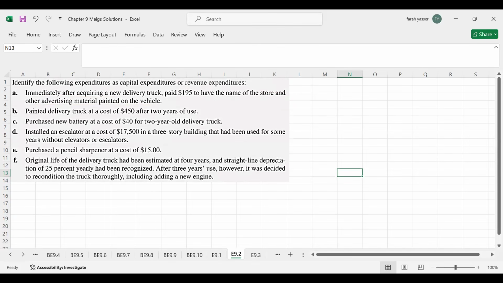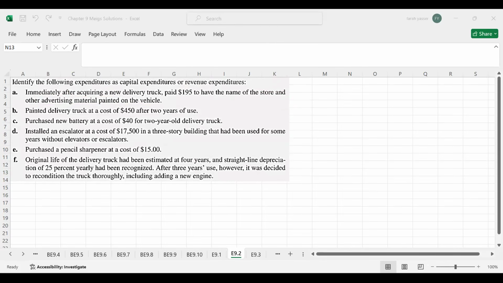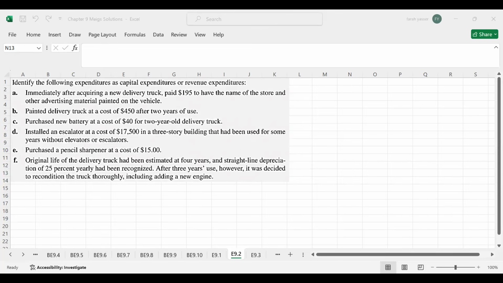We have just learned that capital expenditure is any expenditure that will benefit several accounting periods and that is necessary to bring the asset into usable form, whereas revenue expenditures are for ordinary repair and maintenance, and these revenue expenditures are recurring in nature. We use them again and again.